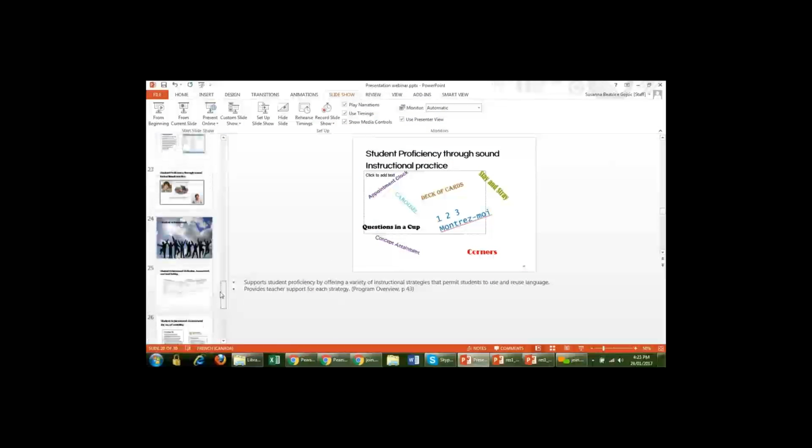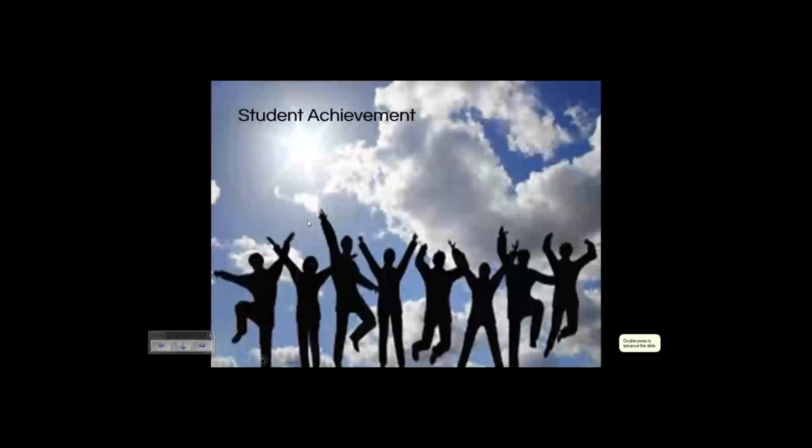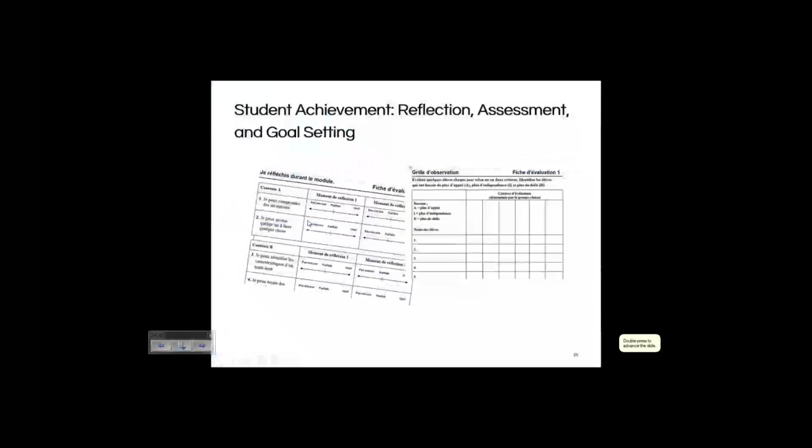Which brings us to our last point, which is student achievement. What's really nice about the resources is that there are many opportunities, as we've seen throughout, for assessment for, assessment as, and assessment of learning. There is an assessment plan in the teacher's resource, at the beginning in the guide, which you can view as well.